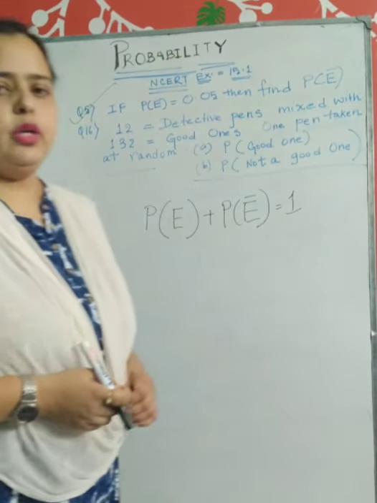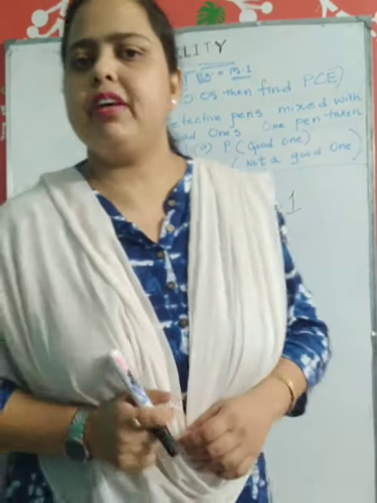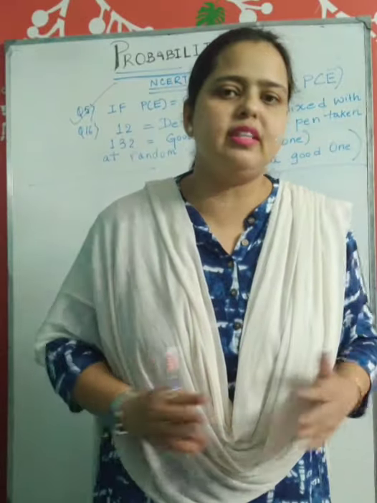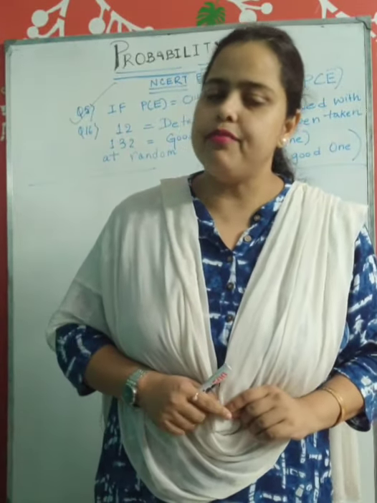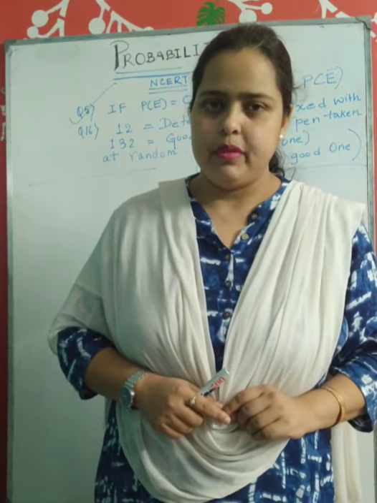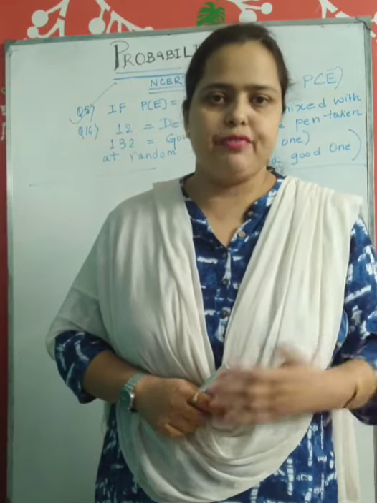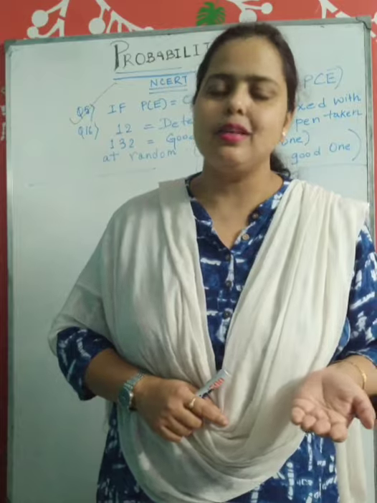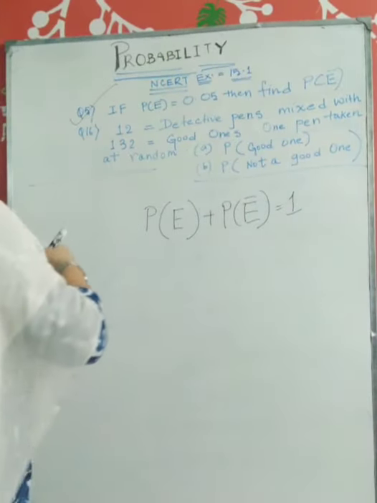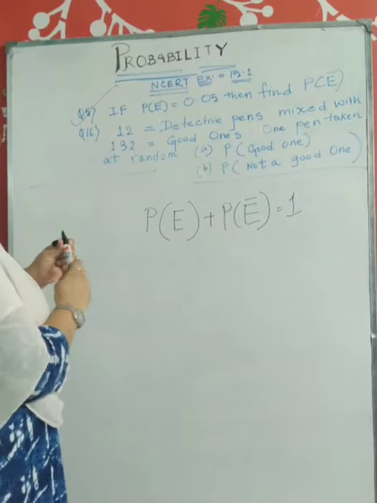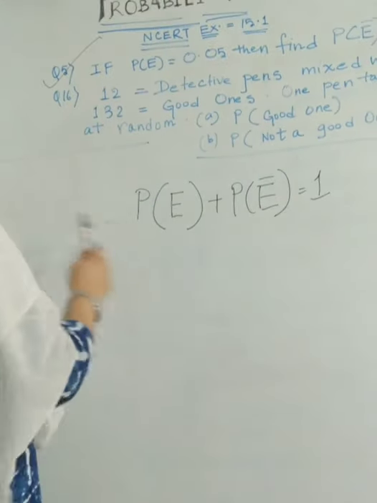Listen children, you are given such types of experiments with no more details. Just one thing, that is the probability of occurrence of any event E. So I have to find out the other one, that is not E. Correct? Let's find out.